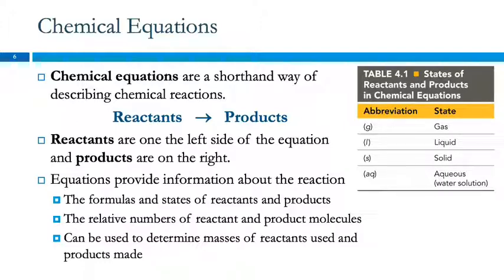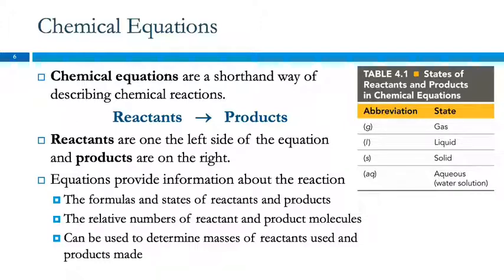And there's a lot of information in the chemical equation. It gives us the formulas of the reactants and products. It often gives us the physical states of reactants and products, and these are the symbols that we use. These are called state symbols, and they're put in parentheses after a chemical formula. So (g) for gas, (l) for liquid, (s) for solid, and (aq) meaning aqueous, dissolved in water.